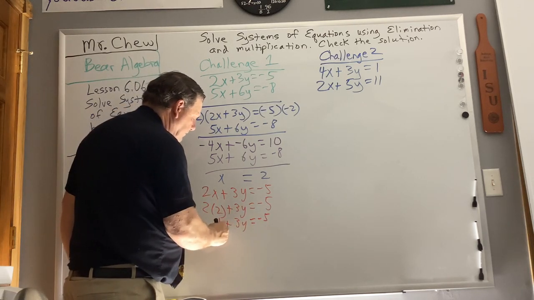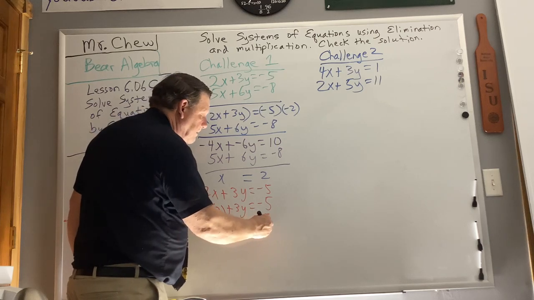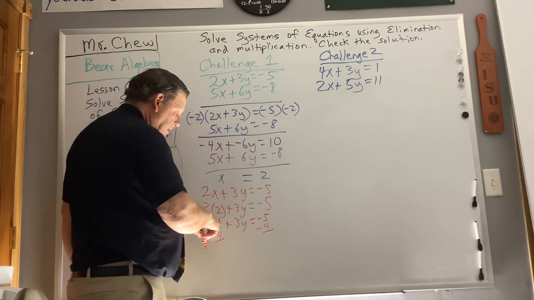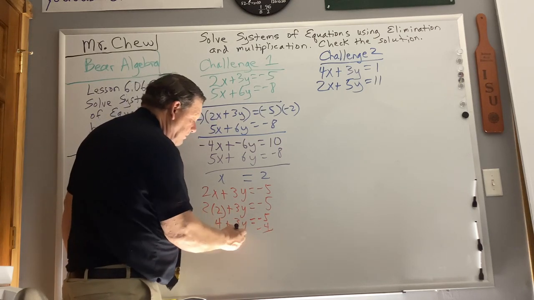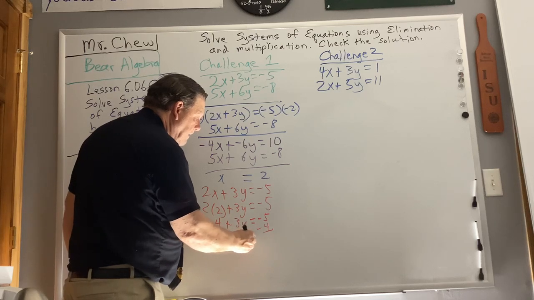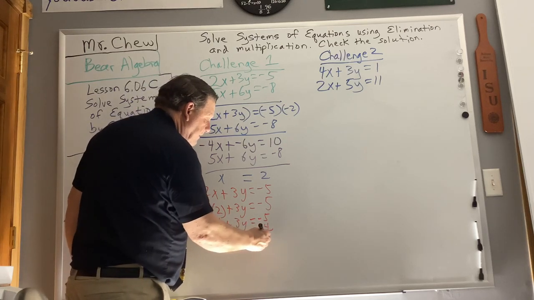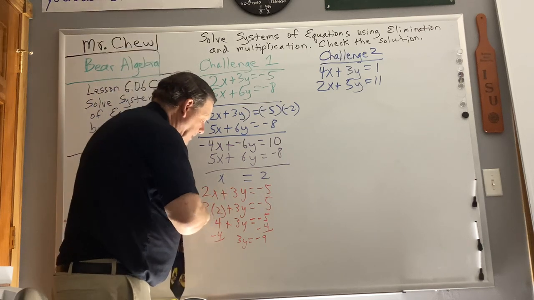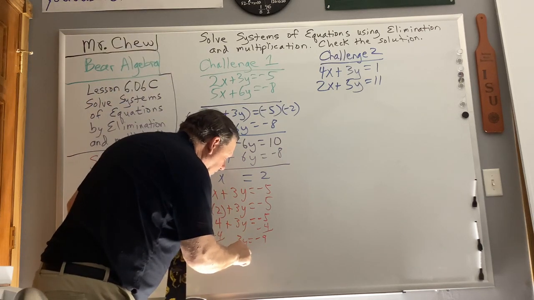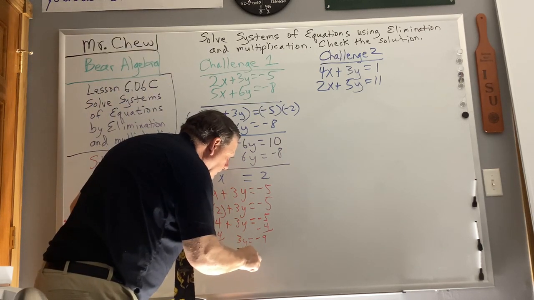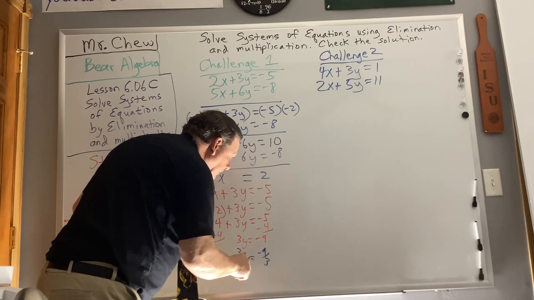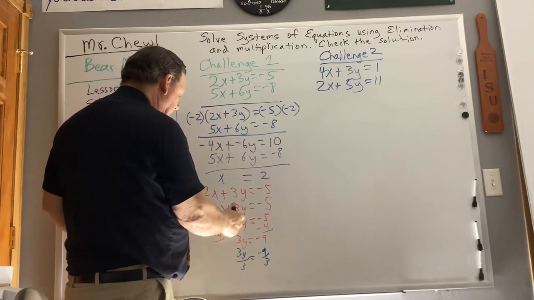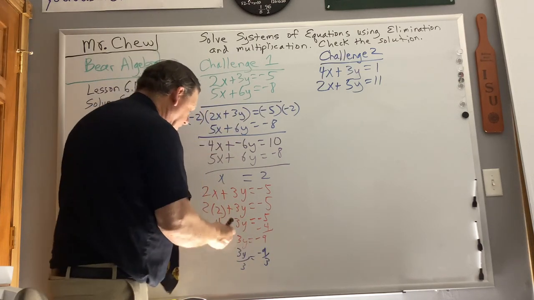I subtract a 4 from the left and the right using the subtraction property of equality. 4 minus 4 is 0, 0 plus 3y is 3y, and that equals -9. I divide both sides by 3. So y is going to equal -3.